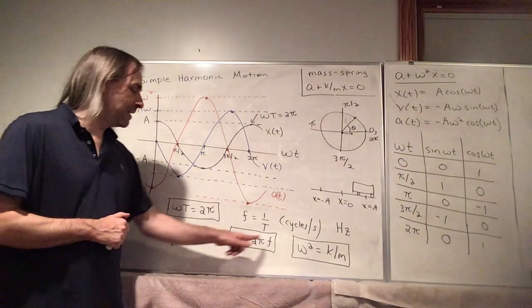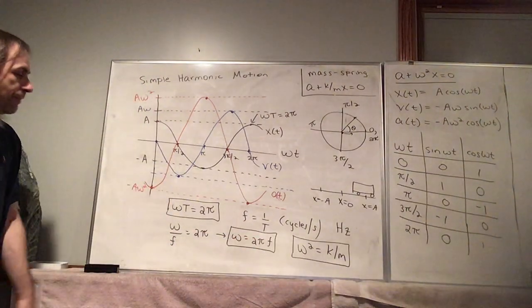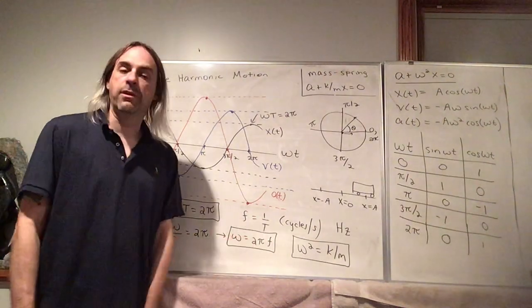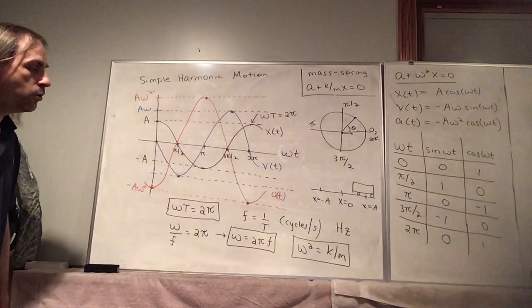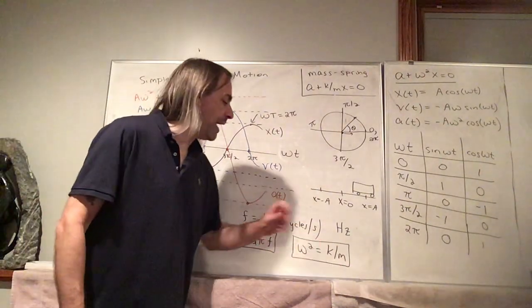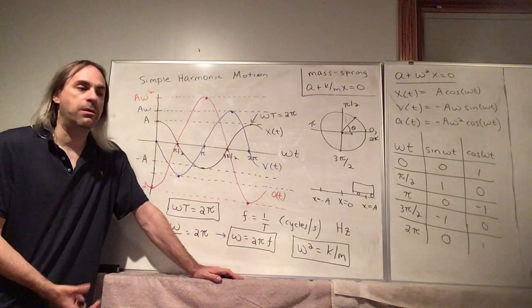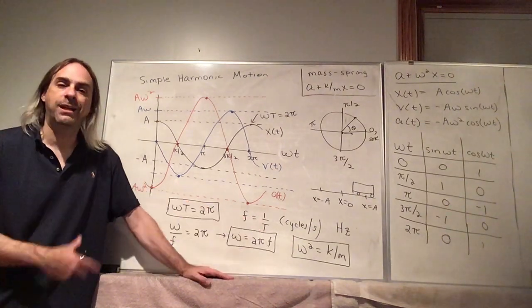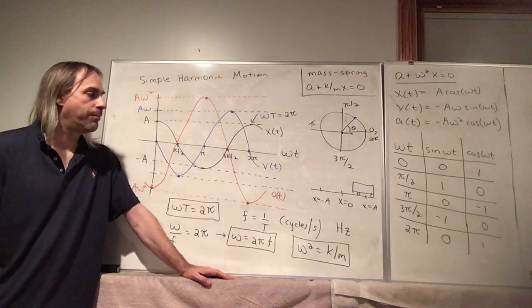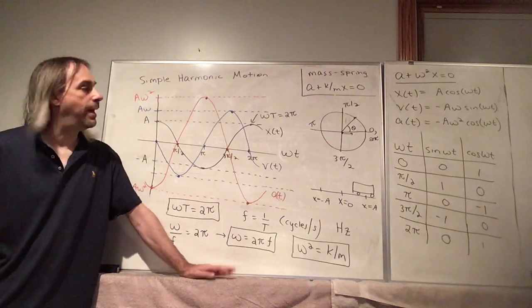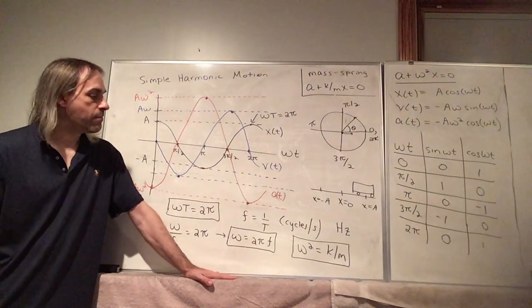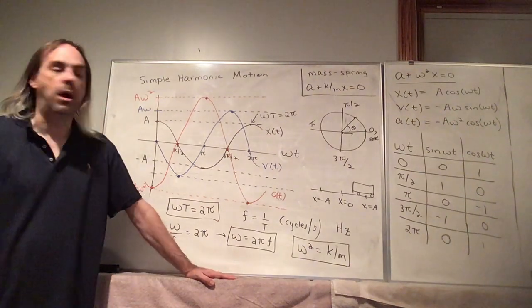And we know that omega is 2 pi times the frequency, and frequency is 1 over the period. So if we have k over m, we can find the frequency of the motion or the period. How long is it going to take to complete one cycle? We can do a lot more than that, but yeah, that'll just come up when we do a problem.